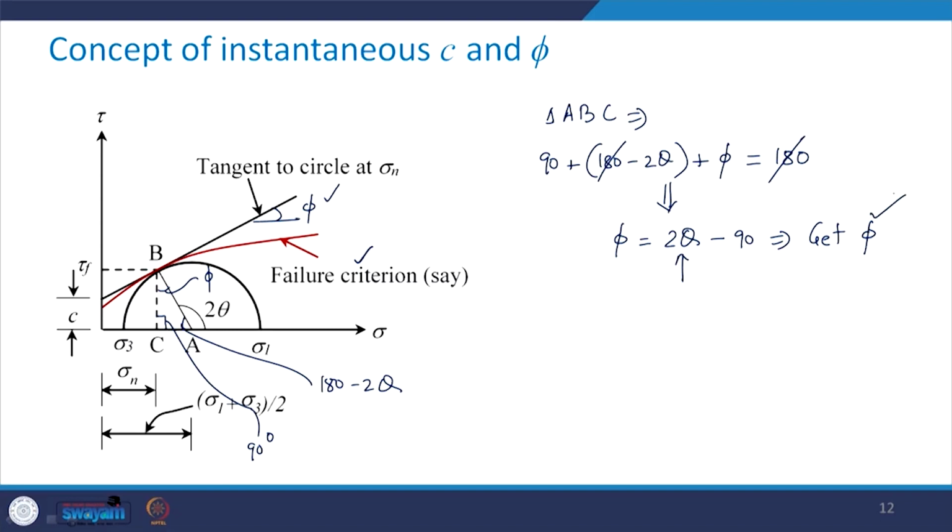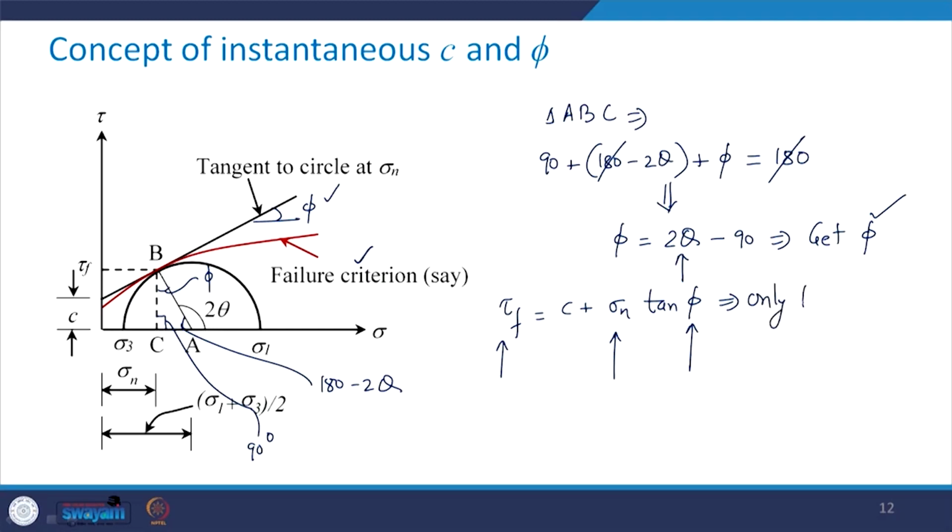Once we know this phi, we have the expression like tau f equal to c plus sigma n tan phi. What all things are known here? Following the procedure which was given by Balmer, we already have obtained tau f, we have sigma n, here we obtained phi. So the only unknown in this equation is going to be c.